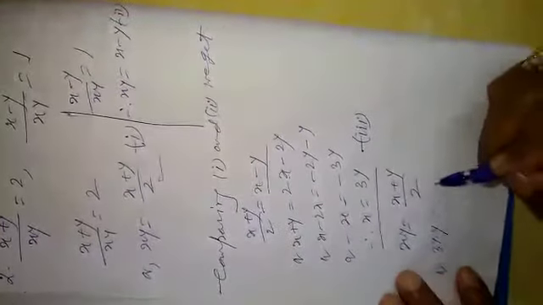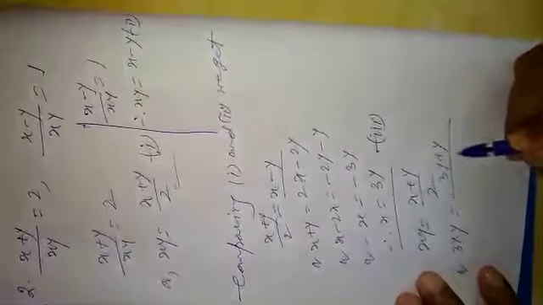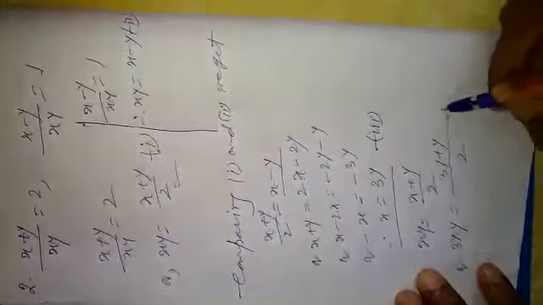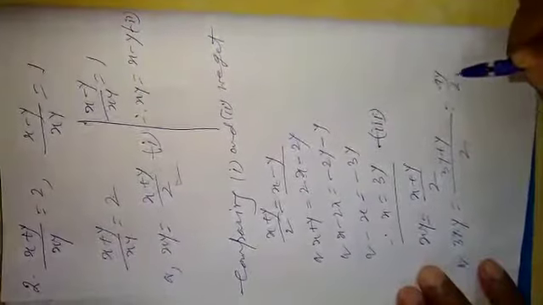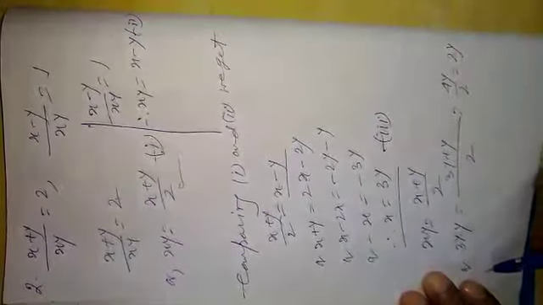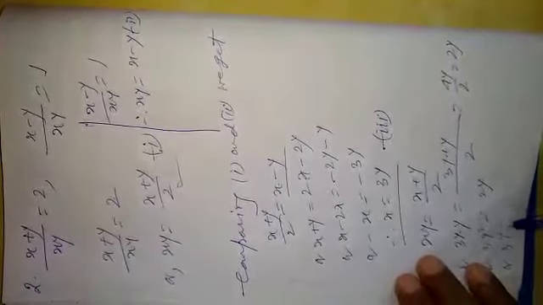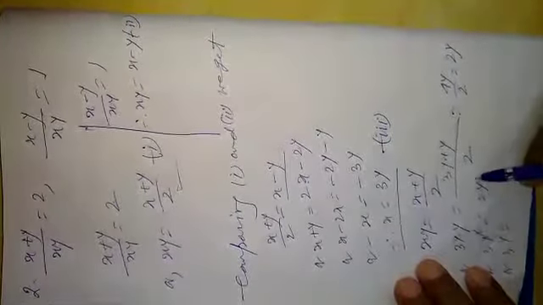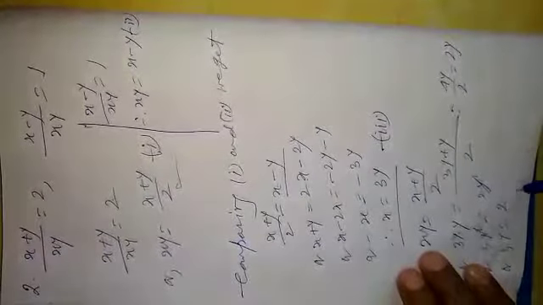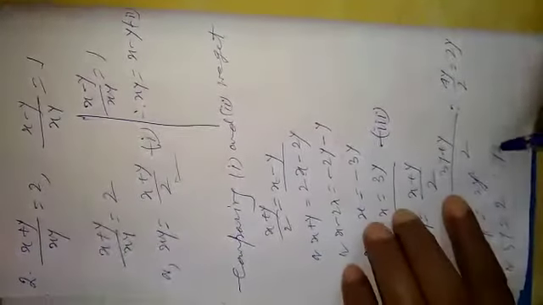Now 3y = (3y + y)/2, 3y + y, that is 4y by 2, that is 2y, or 3y squared = 2y, or cutting y and y, 3y = 2, therefore y = 2/3.